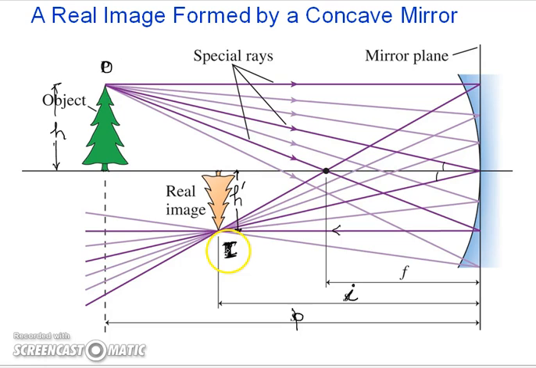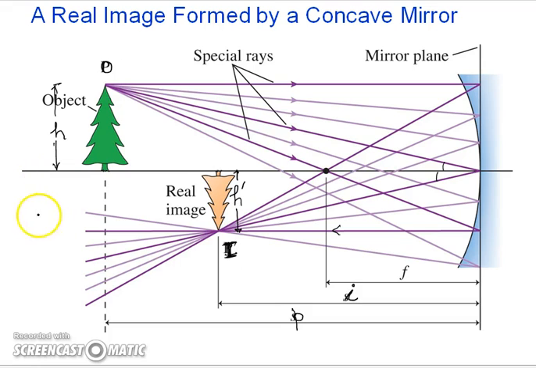So this is my image. A few things we need to talk about. This is my focal point, so let's say f is my focal length. The distance from the mirror to the image is i, the image distance, and p is my object distance.